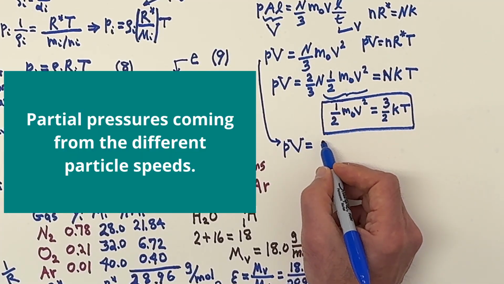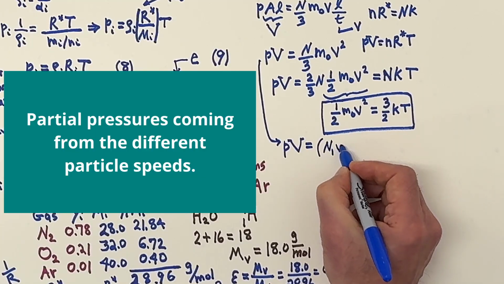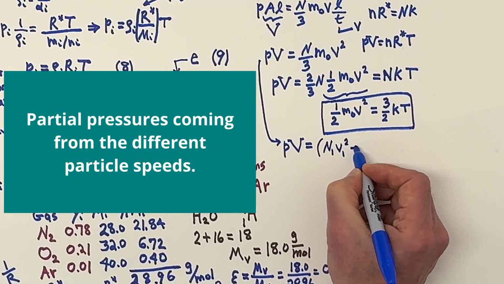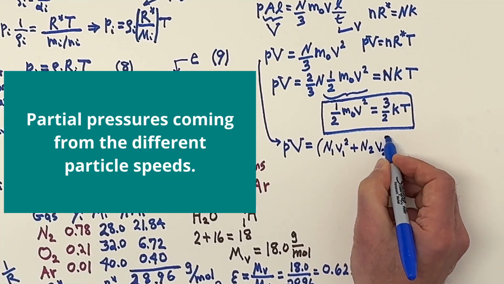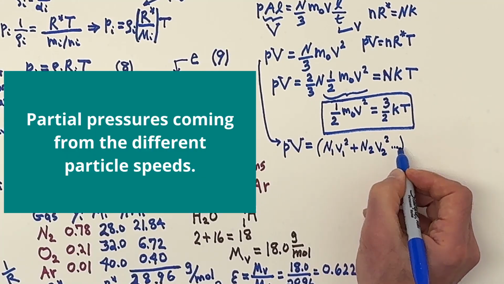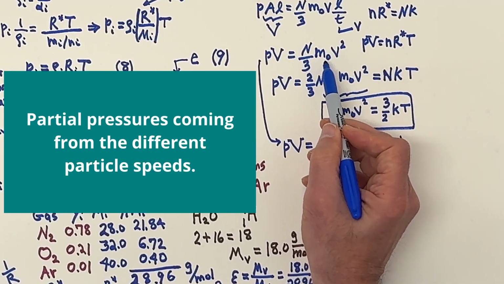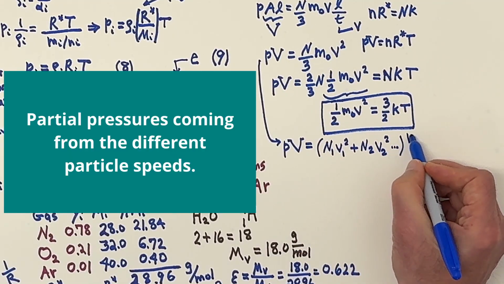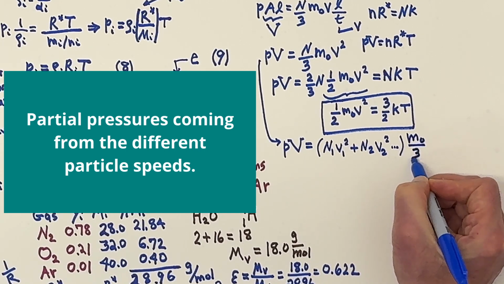So we would have N1 particles traveling at the V1 speed, plus N2 particles at the V2 speed, dot, dot, dot, and we would have here M0 over 3. So that would be a generalization to a more realistic situation.